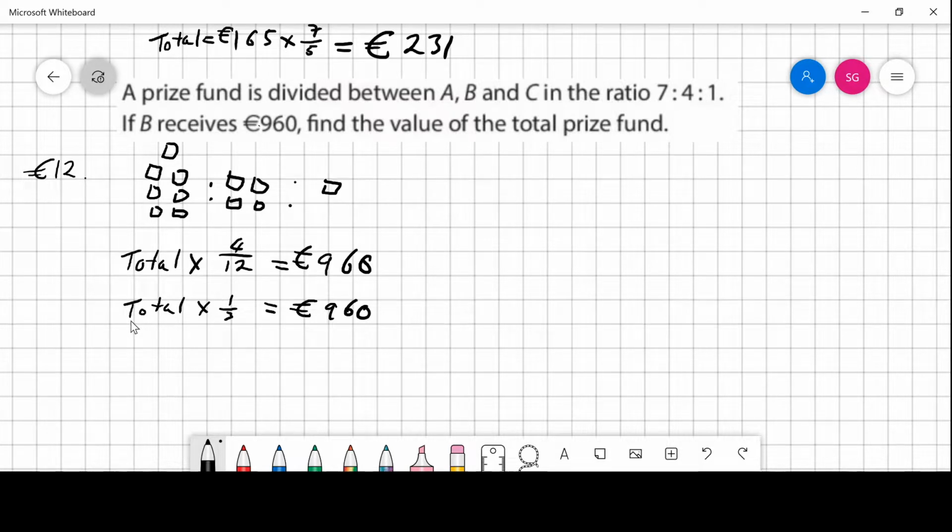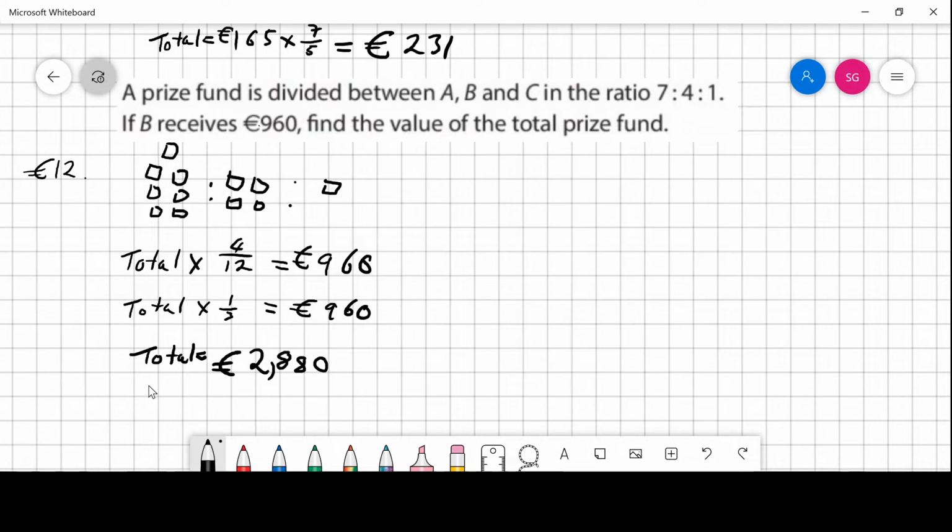So all we do here is multiply that prize by 3, and we'll end up getting that the total equals €2,880.